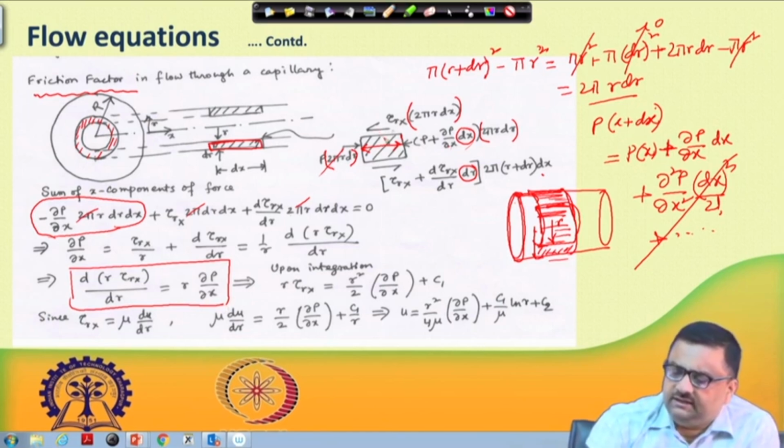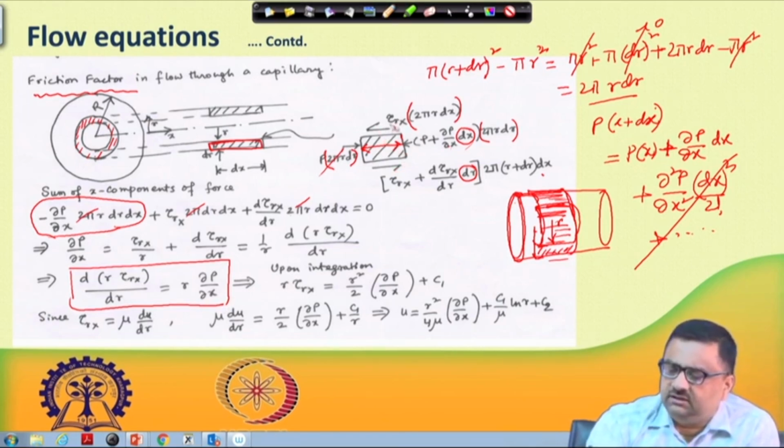I think this sign convention one should not use, because both are positive in x. So, I think this should be taken as this only, because both we are treating as positive.